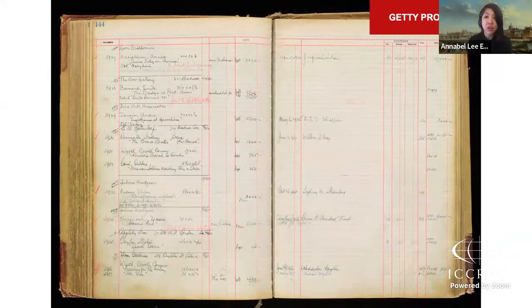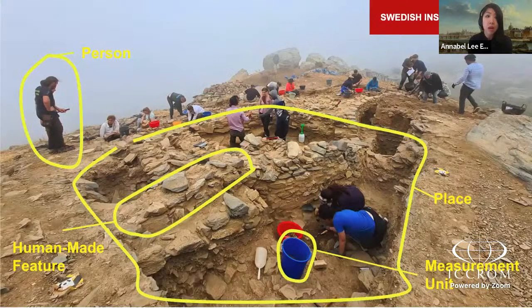Arches can be used regardless of what data you are managing. For example, our colleagues at the Getty Research Institute are using it to manage art provenance data. Arches is inclusive of multiple methodologies. This shows how the Swedish Institute at Athens is organizing some of their archaeological field data using the CIDOC CRM.